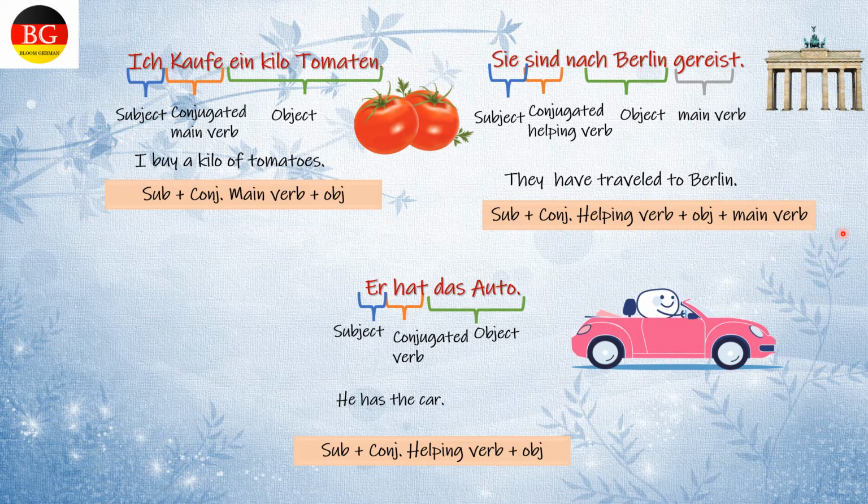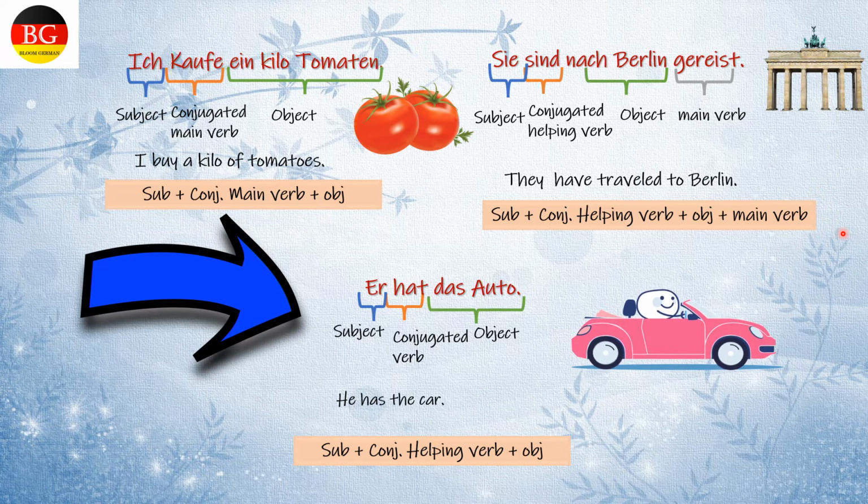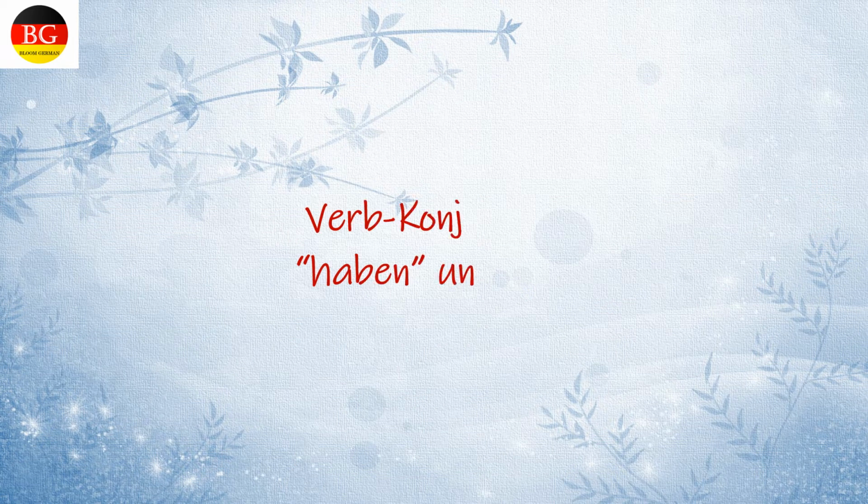Rule for the sentence is subject plus conjugated helping verb plus object. In this video, we will see the sentences in detail for this rule only, for the third rule only. In our coming videos, we will learn the first 2 sentences in detail. So stay tuned.